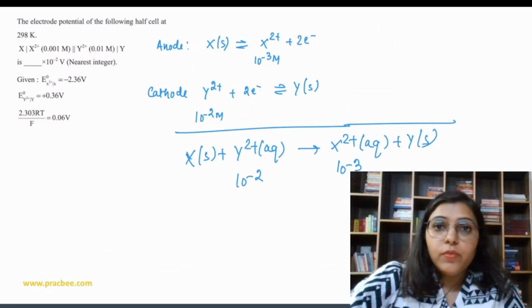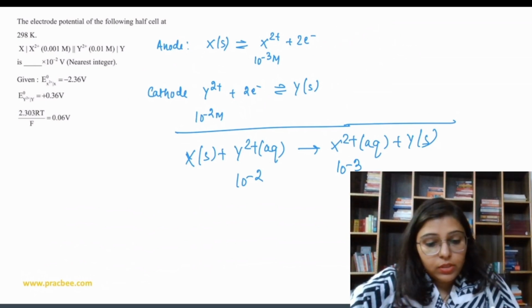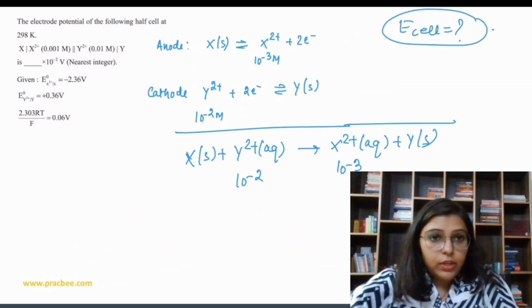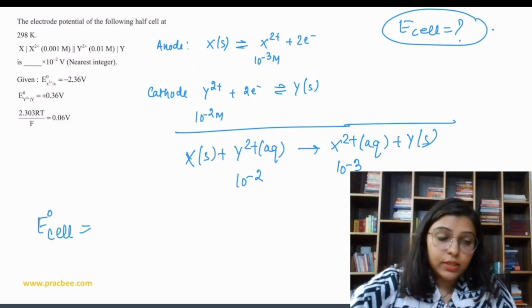Now, what are we going to find out? The electrode potential of the following half cell. So we have to find out E cell. In order to calculate E cell, first we have to find out E naught cell. How to find out E naught cell?